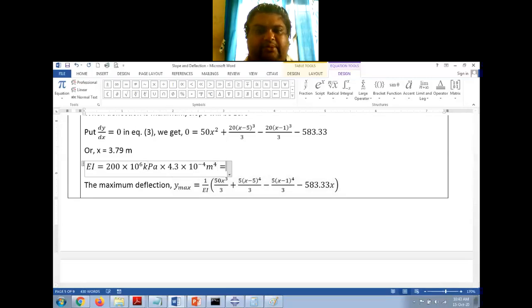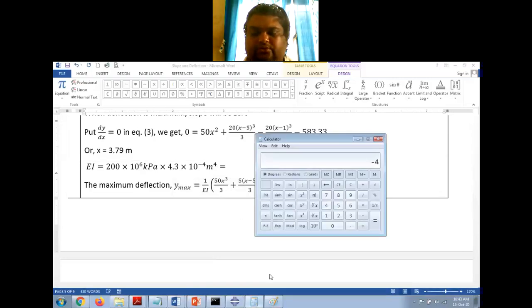Otherwise, it will become very messy in this expression. So 200 into 4.3 is 860. See, this is 10 raised to 6 into 10 raised to minus 4. So 6 minus 4 will be 2. So 10 raised to 2 is 100. So into 100.